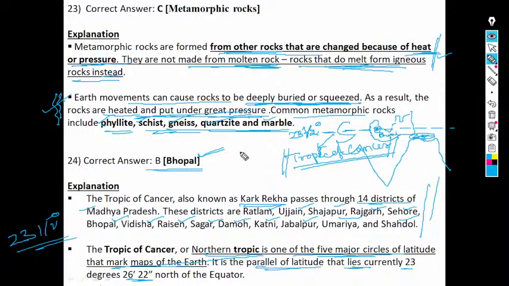One question also: the Tropic of Cancer passes through how many states in India?